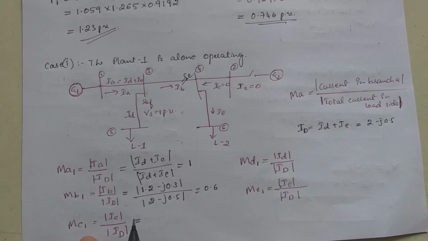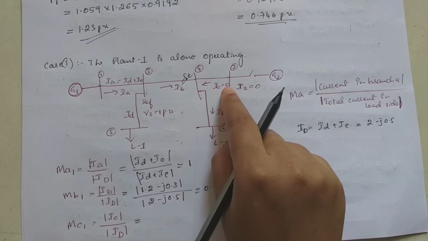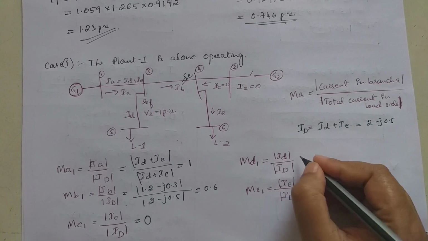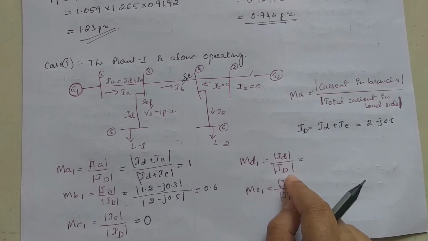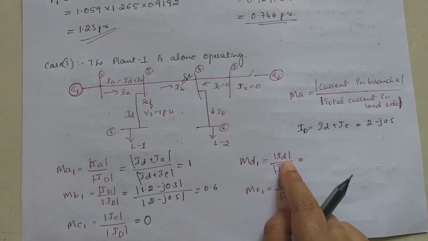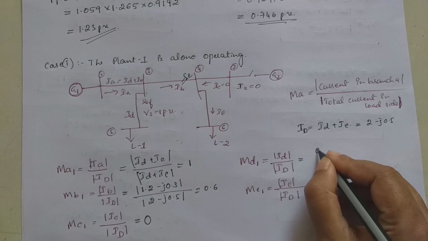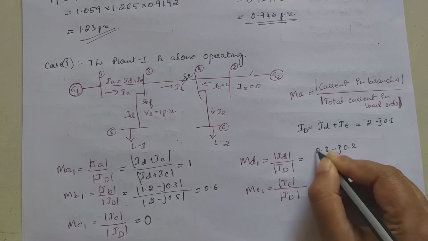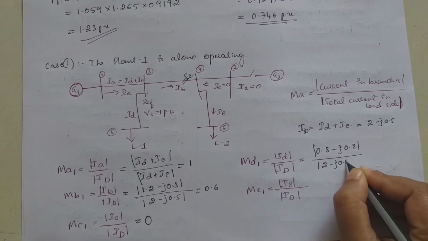MC1, the current distribution factor at branch C, is equal to IC divided by ID. The IC value is 0, so it is equal to 0. MD1 is equal to small Id divided by ID. The small Id value is 0.8 minus j 0.2, magnitude divided by the magnitude of 2 minus j 0.5.